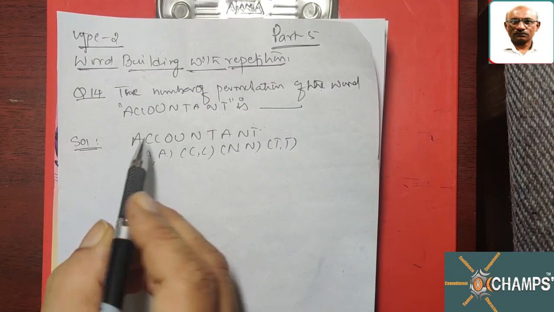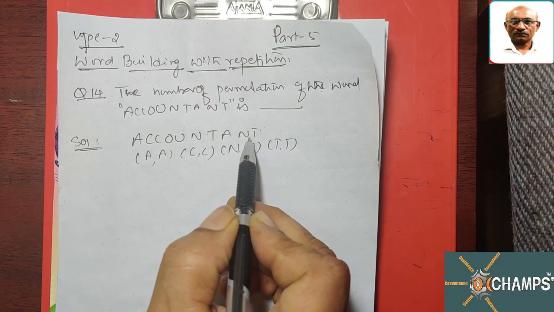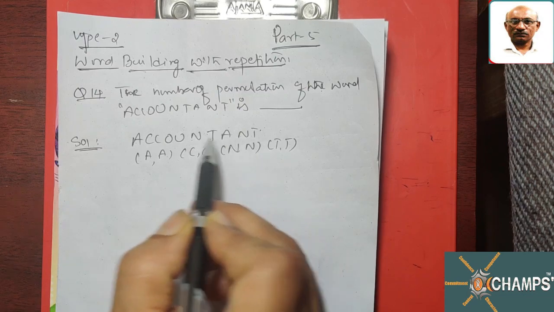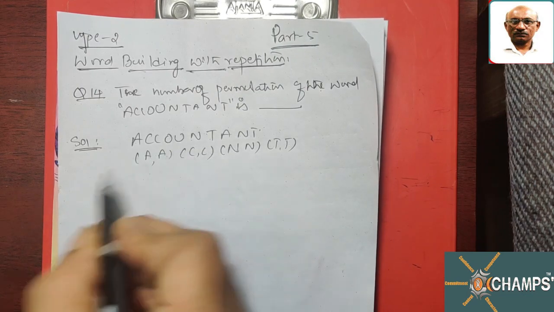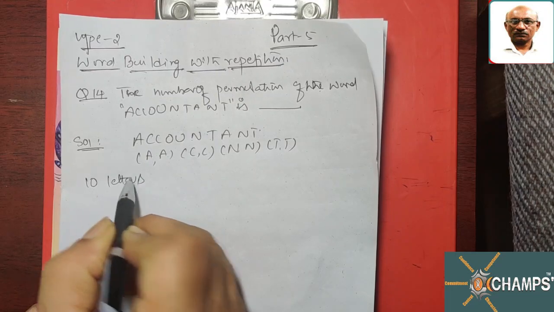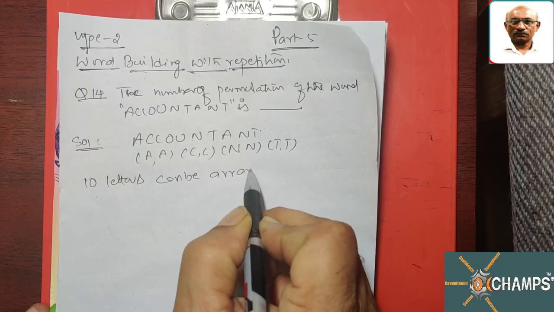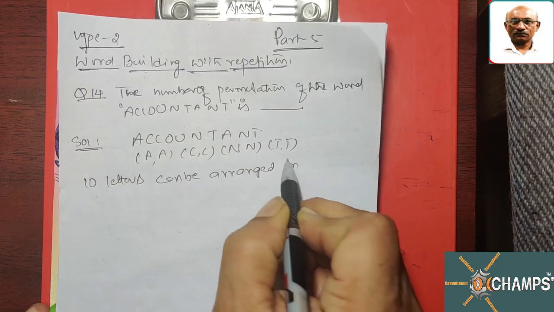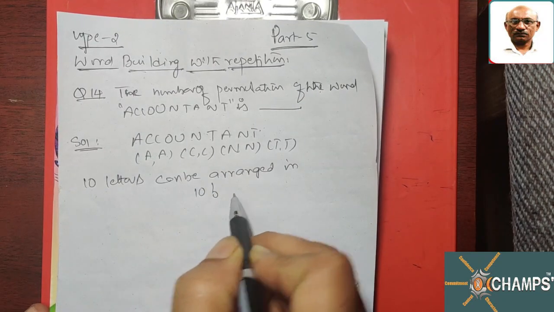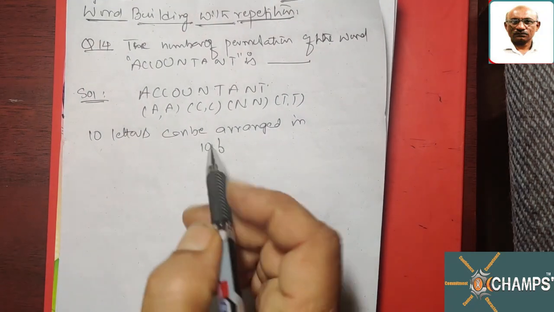First you treat the letters in the given word as distinct. So 10 letters can be arranged in 10 factorial ways.